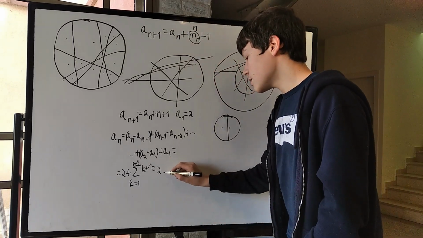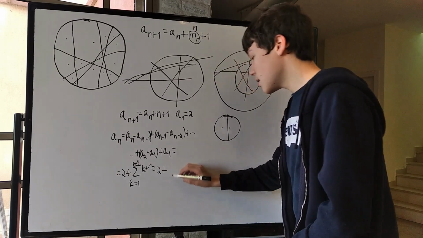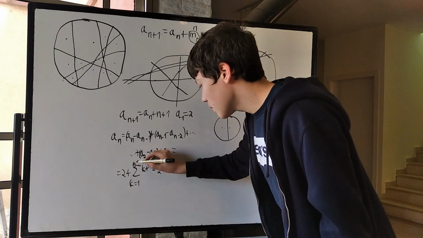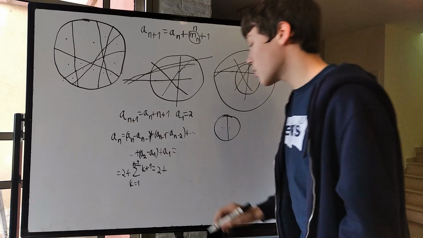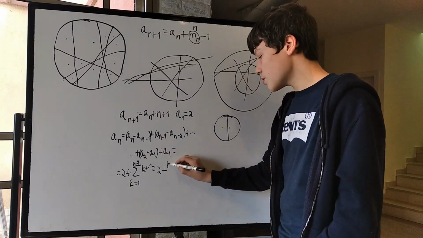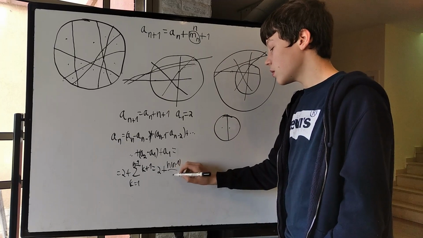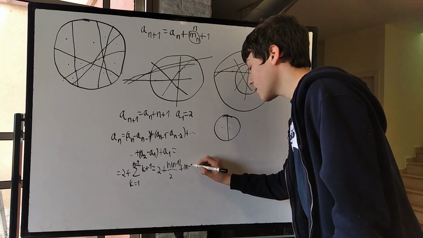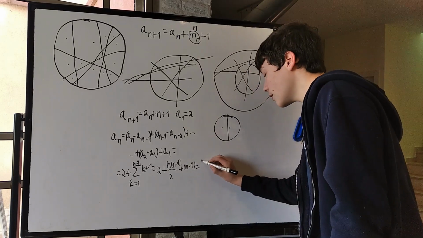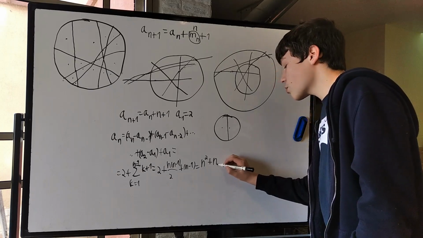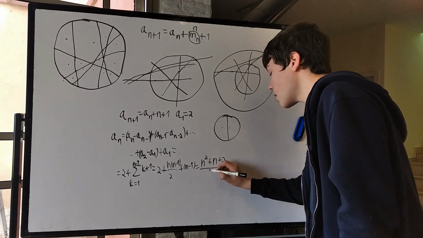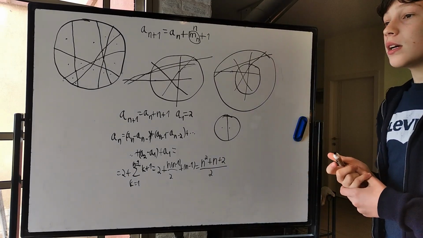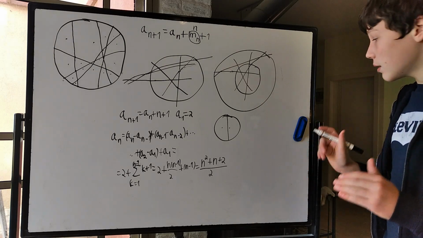Now, this is 2 plus the sum as k goes from 1 to n minus 1 of k, which is n times n minus 1 over 2, and the sum as k goes from 1 to n minus 1 of 1, which is obviously n minus 1. And if you simplify this a bit, you eventually get the final result as n squared plus n plus 2 over 2.